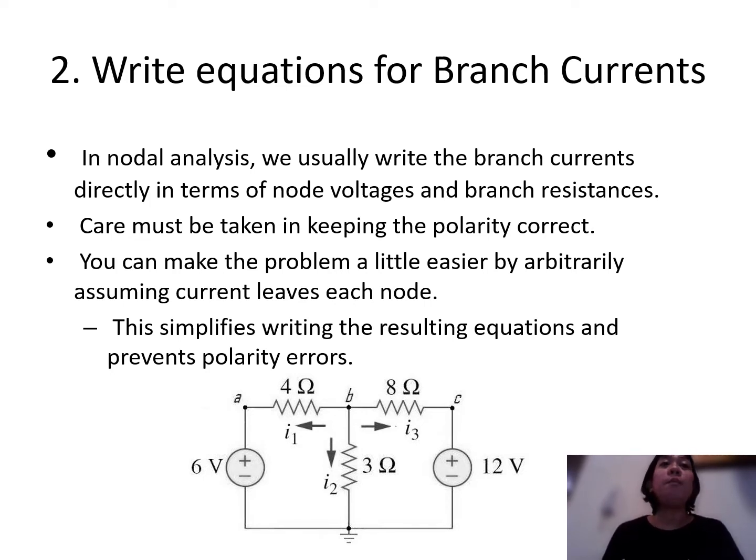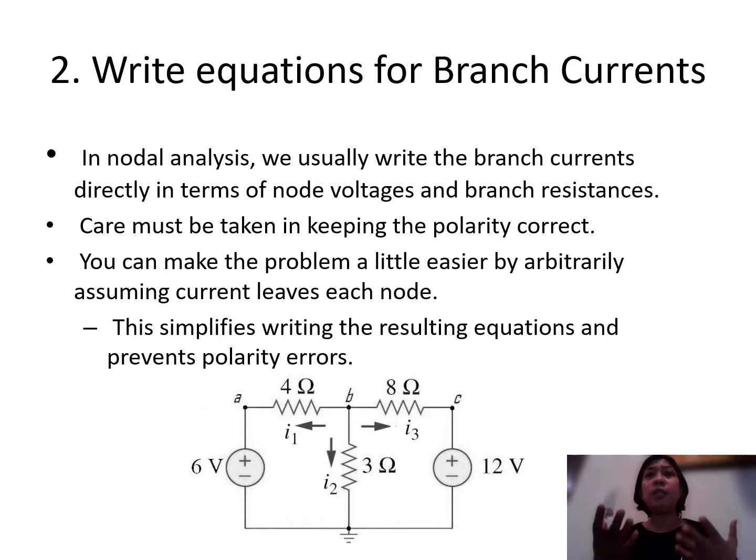You can make problems a little easier by arbitrarily assuming that current leaves each node. For example, if we are trying to solve for node B, we assign all of the currents at node B to be leaving, so they are all additive.